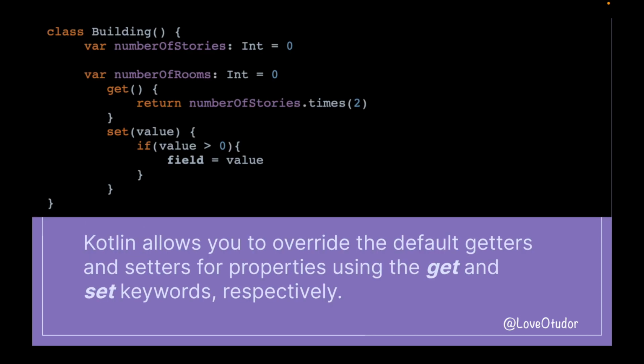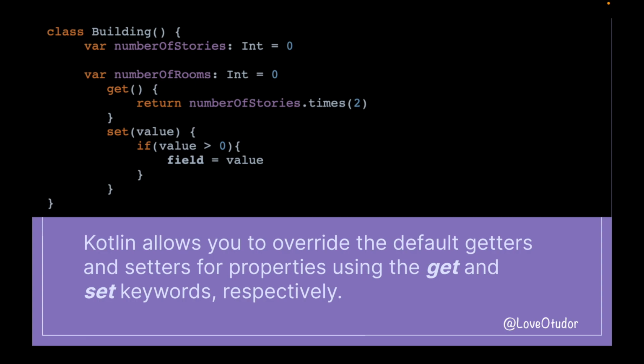Kotlin allows you to override the default getters and setters for properties using the get and set keywords respectively. To override the default getter for a property, you use the get keyword just after your property declaration and provide a custom implementation within the getter block. Like the example we see here, within the get block for the number of rooms property, we return the number of stories times 2.